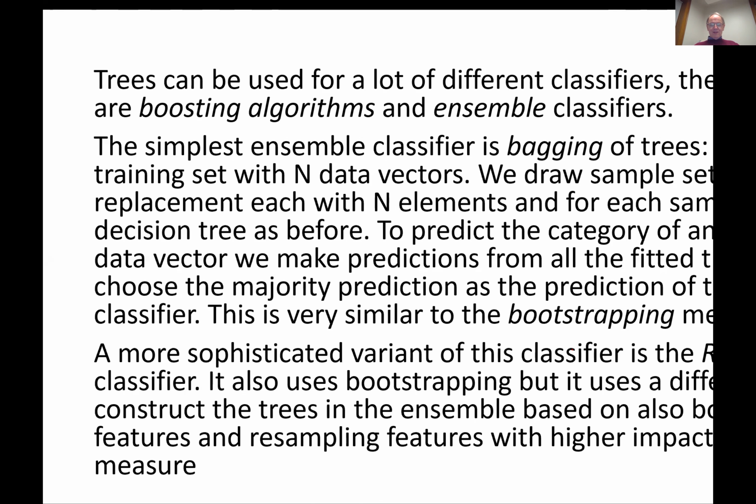So this is a bootstrapping algorithm. Sorry, just to try to understand this: the training set has n data vectors. If we take n elements out of it, then we'll be repeating the same data all the time. For instance, you can make a tree where you draw the same point n times. Okay, I see. That would give you a tree that was pure right away.